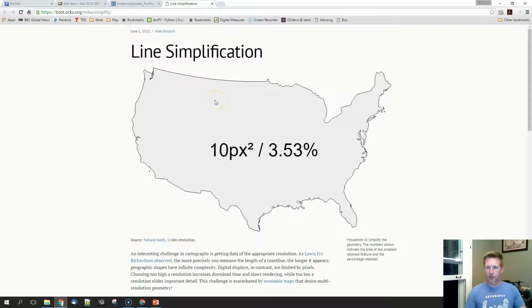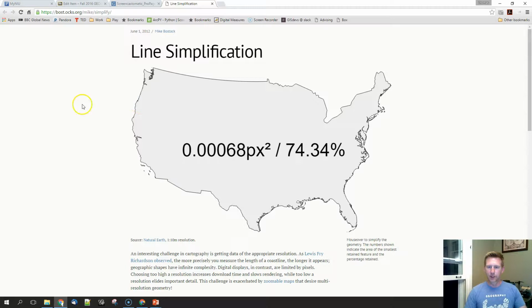It's actually applying a line simplification algorithm to the full data set as I move the line across. And one thing to notice here is that as I move the cursor further to the right, it's simplifying this. As I move it further to the left, we're densifying it. But there are really good reasons not to just use the most dense image that you can get a hold of.